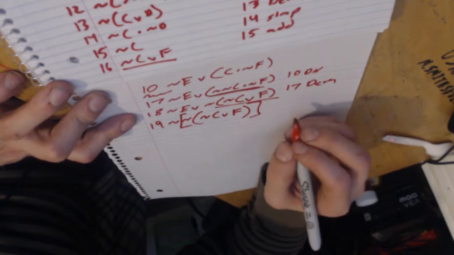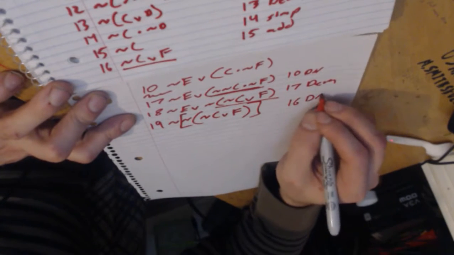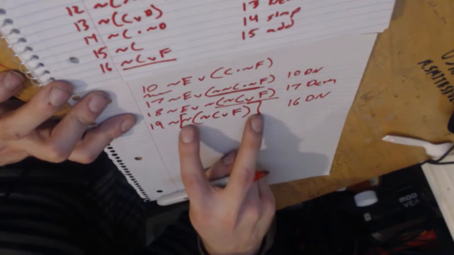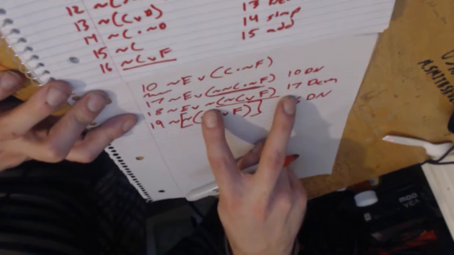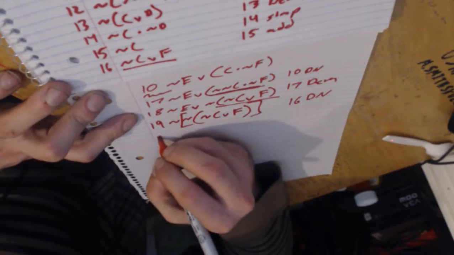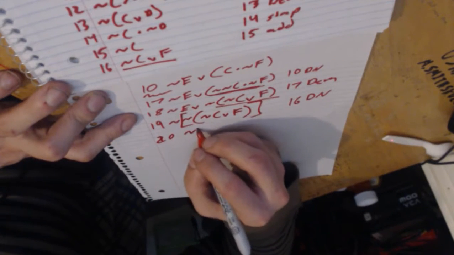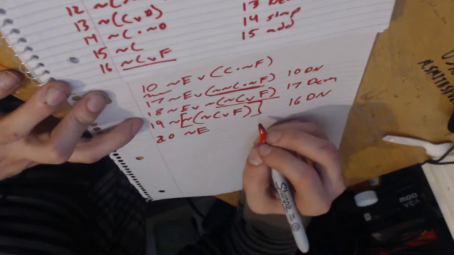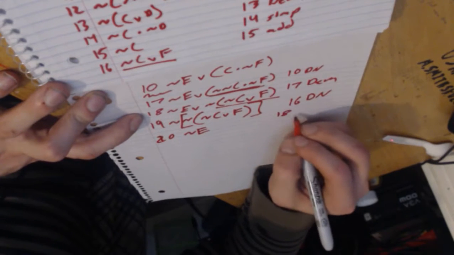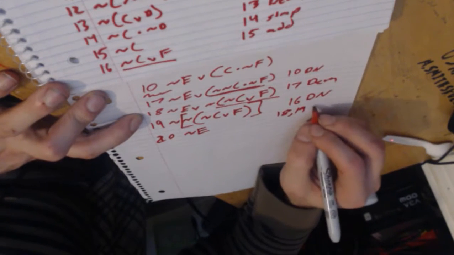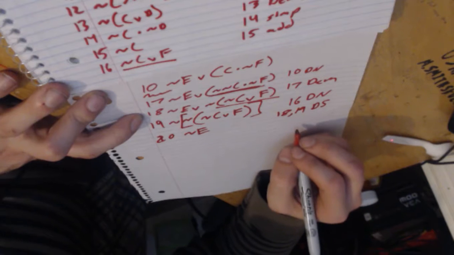Like that. So that's line 16 double negated. So now we know it's not this. Therefore, 20 is not E by lines 18 and 19, disjunctive syllogism.